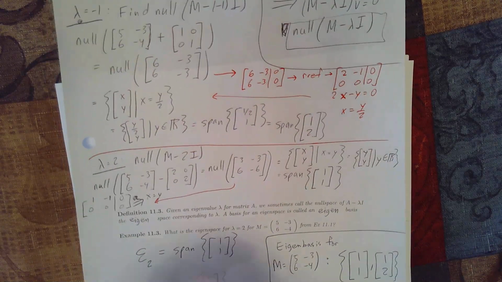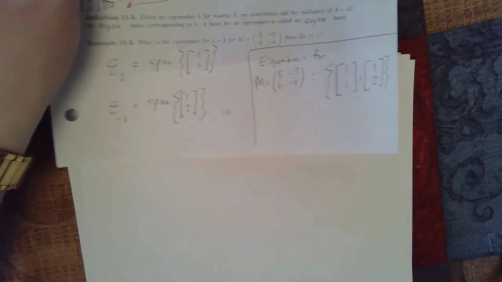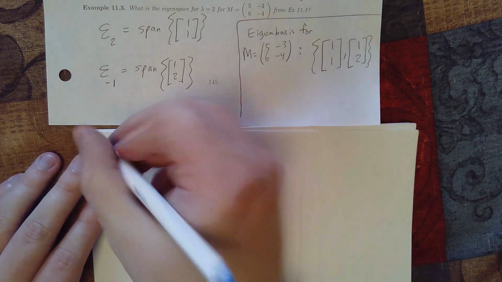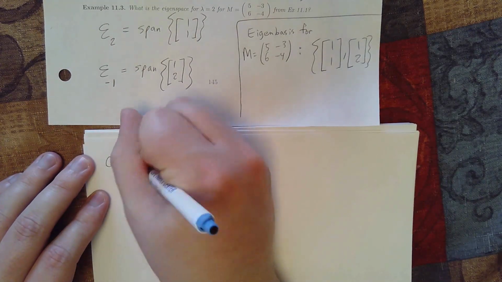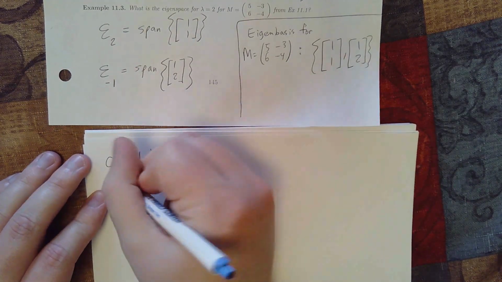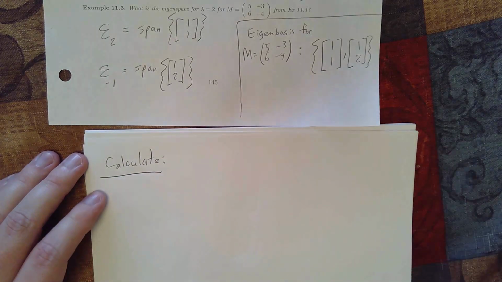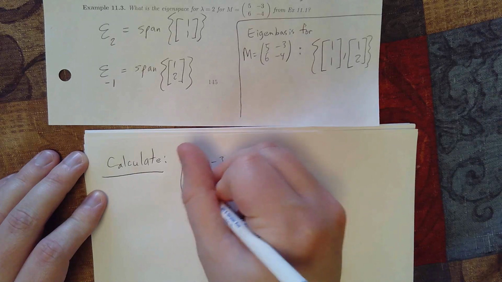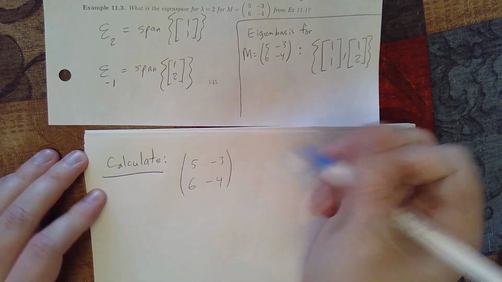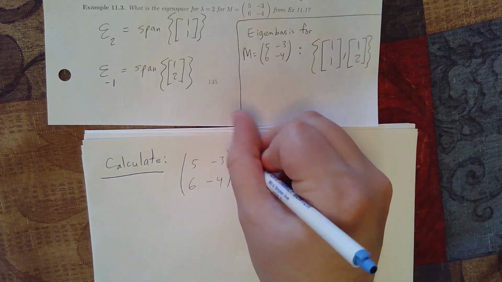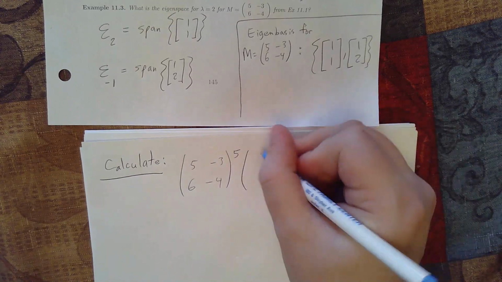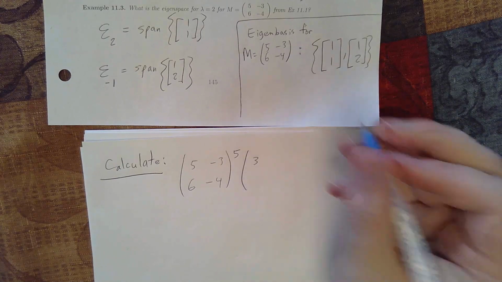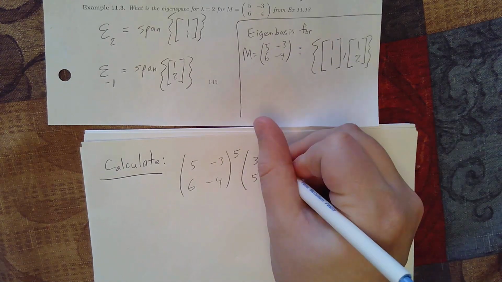Well, it means that if we wanted to find out, you could calculate the matrix 5, -3, 6, -4 raised to the, we'll say, 5th power times the vector (3, 5).